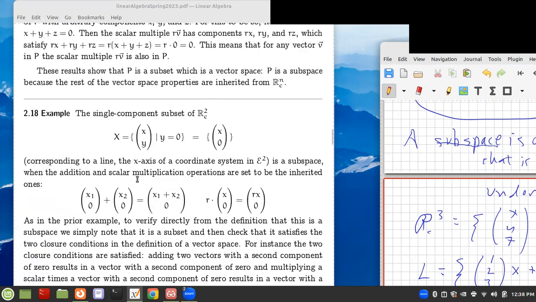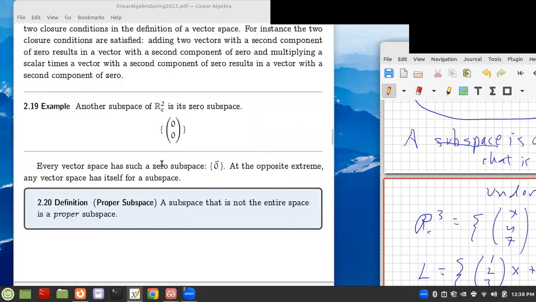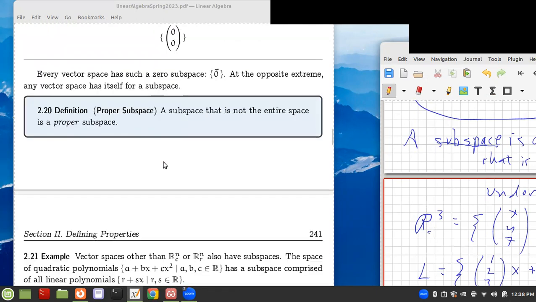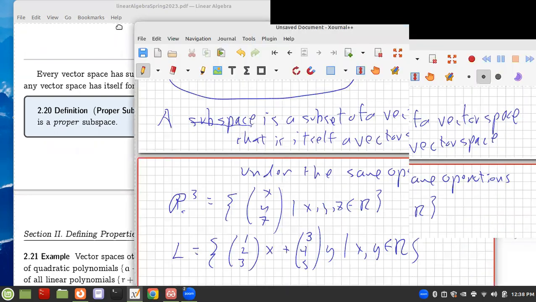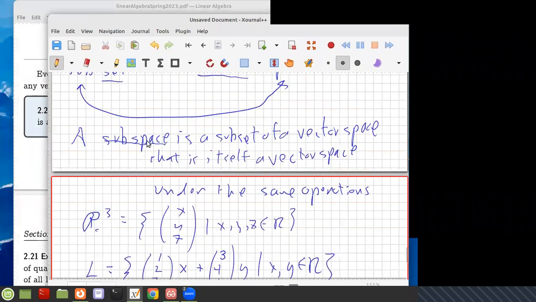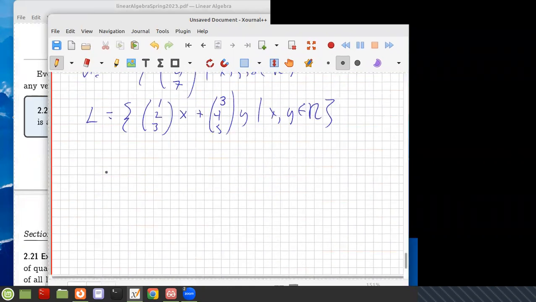Here's another simple fact. A vector space is a subset of itself. It's a vector space, so the whole space is a subspace. So if I take any vector space V, it's technically a subspace, right?